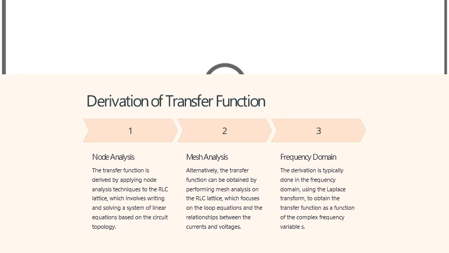Alternatively, the transfer function can be obtained by performing mesh analysis on the RLC lattice, which focuses on the loop equations and the relationship between currents and voltages. Frequency domain. The derivation is typically done in the frequency domain, using the Laplace transform to obtain the transfer function as a function of the complex frequency variable s.